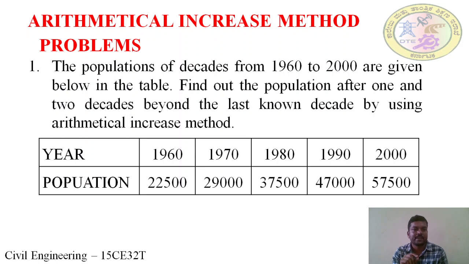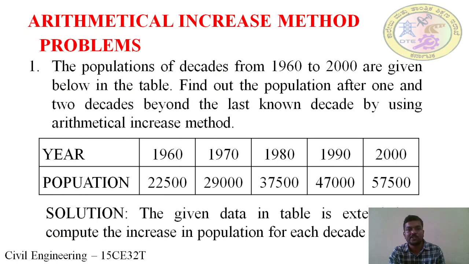They have given the population from 1960 to 2000. We need to find out the population for 2010 and 2020 by using the arithmetical increase method.